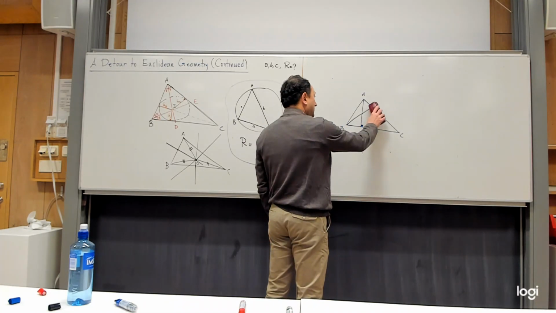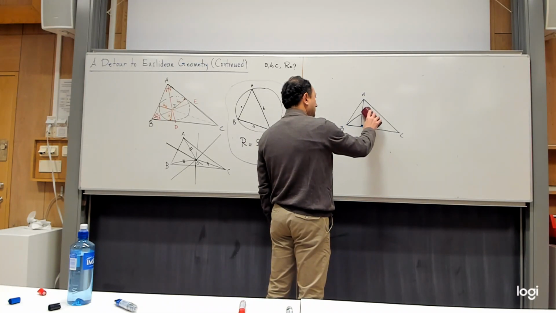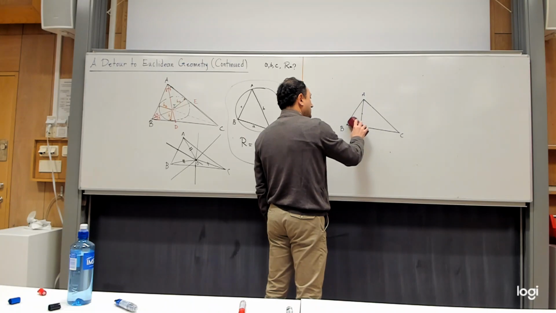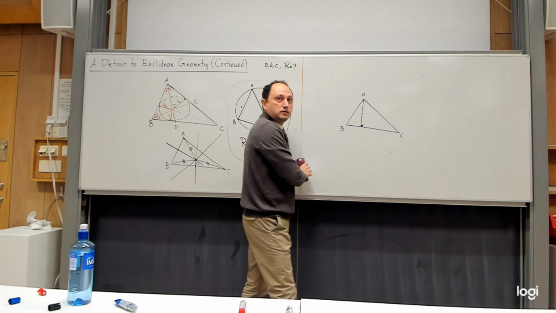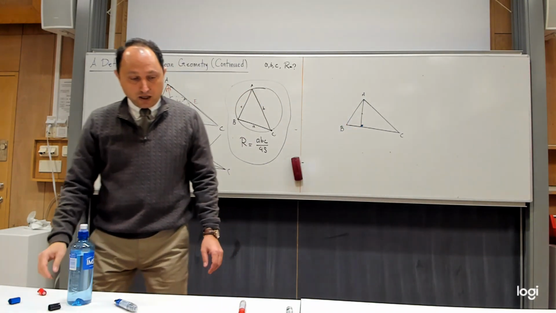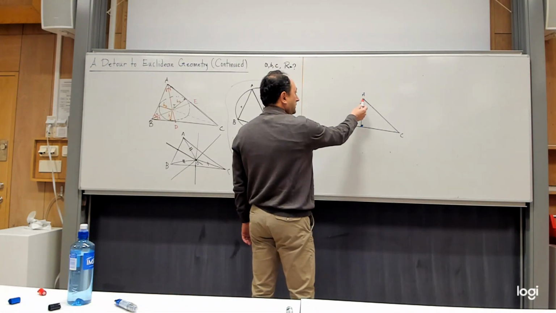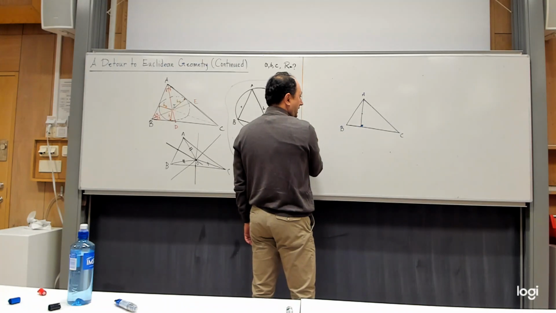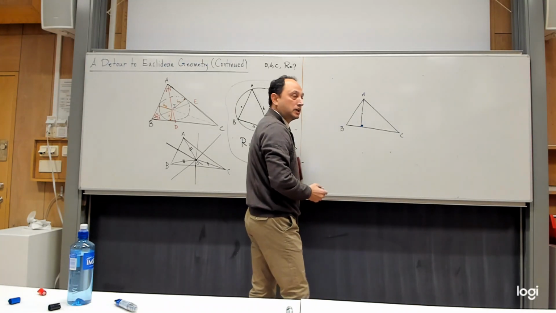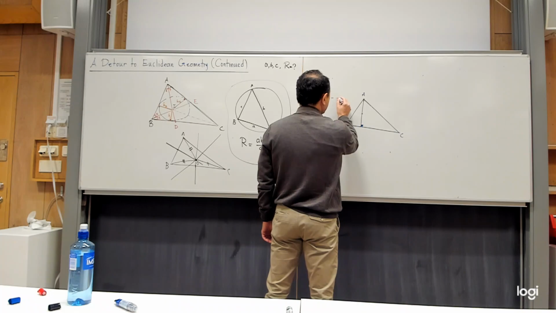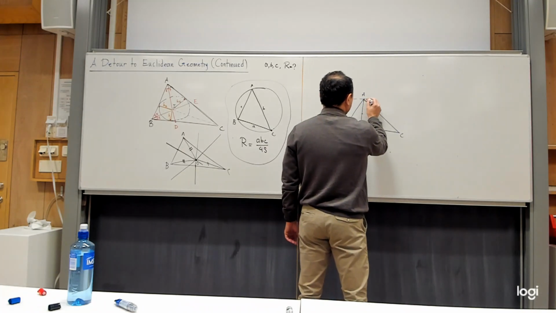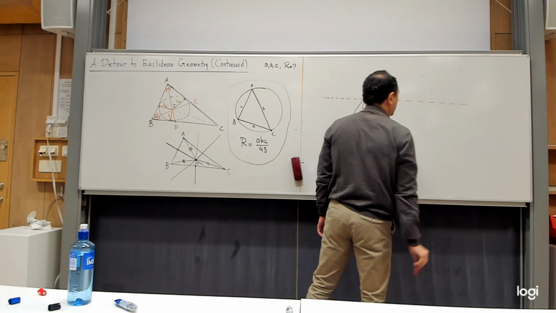So let me clean this one. Just concentrate on one of these heights, for example, this one. Take this point, and from this point draw a line parallel to BC. Yes?